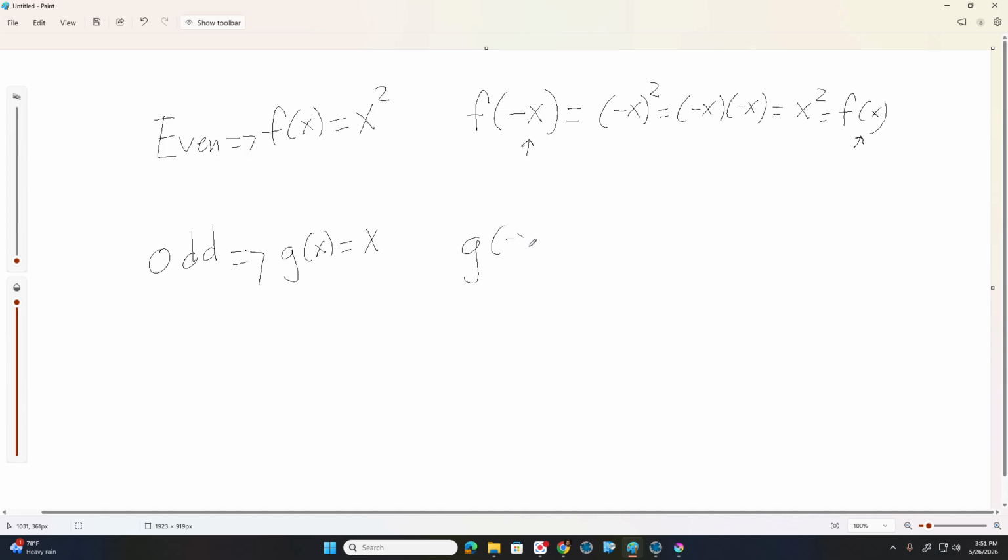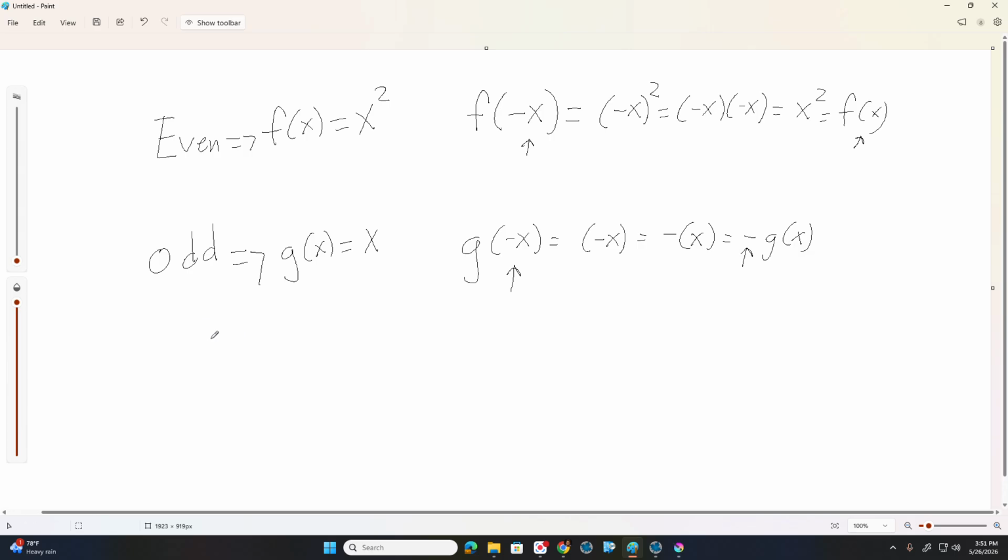Versus odd functions, g of negative x is going to be negative x, which I can write as negative times x, which is, of course, negative g of x. Odd functions are different. I plug in a negative x, and the negative gets pulled outside. Whereas on an even function, the negative just disappears. On an odd function, the negative gets pulled out.